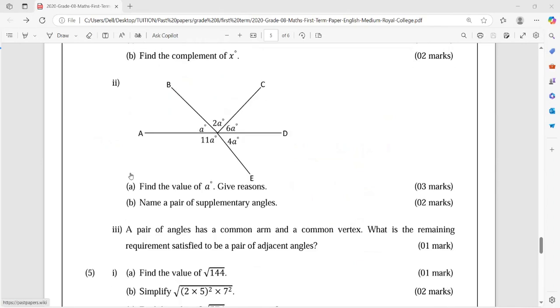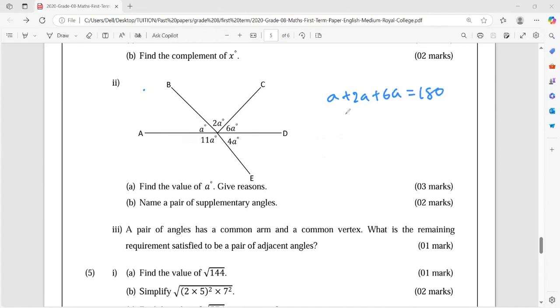A, B, C, D, E, and here find the value of a, give reasons. So this is something like the angle around one point is equal to 360. But someone may think you can write like this: a plus 2a plus 6a is equal to 180.